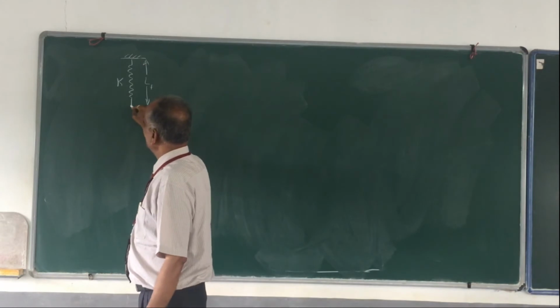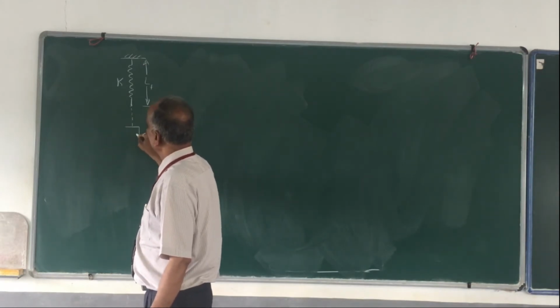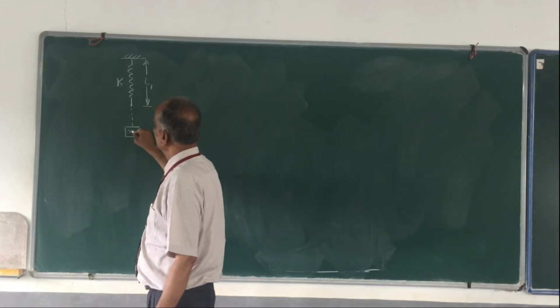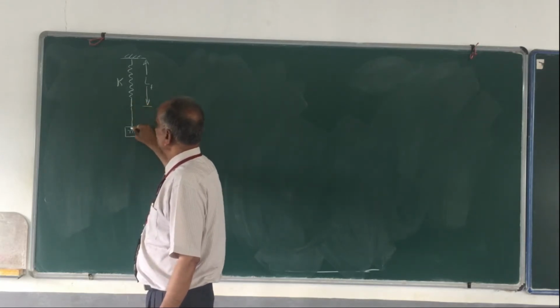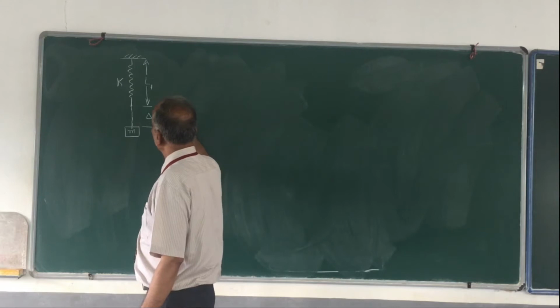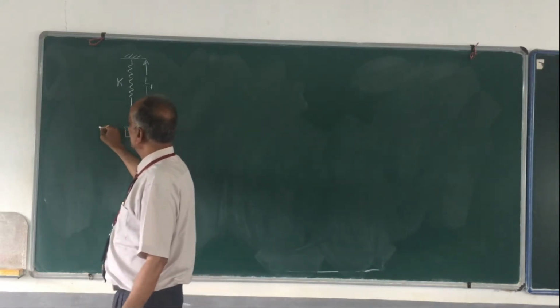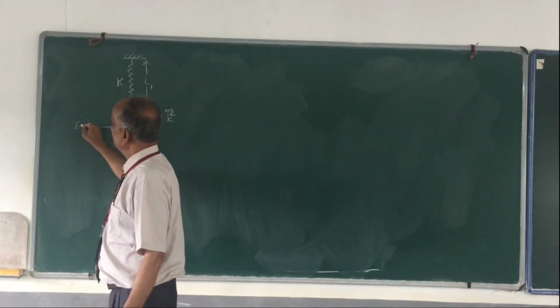I am going to attach a mass to this, and the spring will extend, and this is the new position of the mass. The spring will extend from here to here, and this is what we have called delta s spring, which is equal to mg divided by k. This I call the equilibrium position.